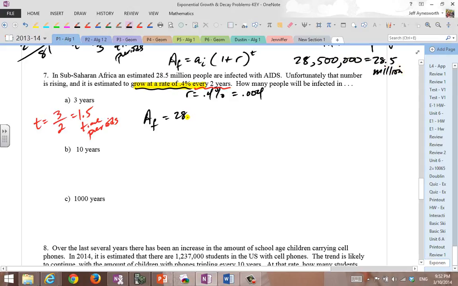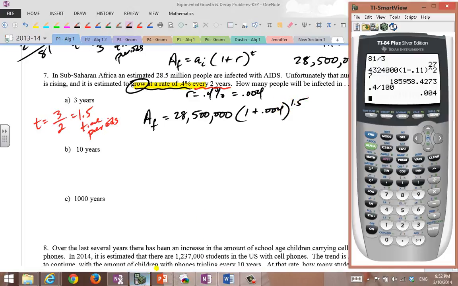All right, so let's put that number in. 28,500,000 times 1 plus, this is a growth situation, plus 0.004 to the 1.5 time periods, okay? So let's put this in. 28,500,000, let me double check here. Looks right. Times 1.004 raised to the 1.5 time periods.